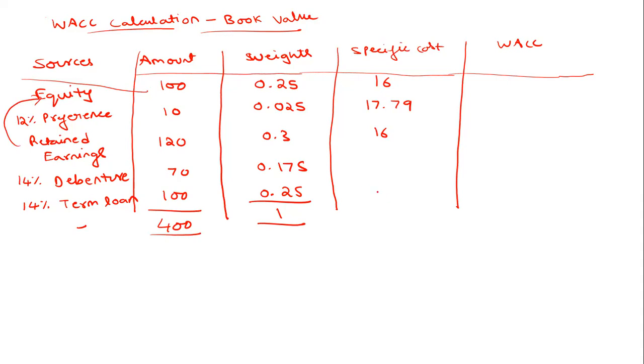Debenture, how much? 9.123%. These are all in percentages. Okay, term loan, 7%. Now you can tell me the WACC values.